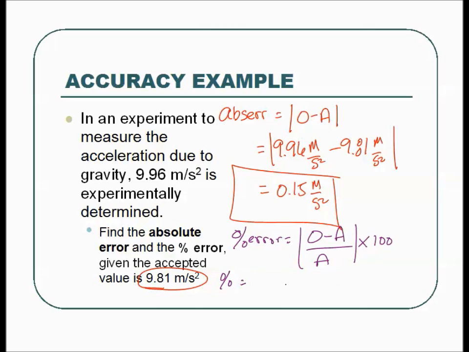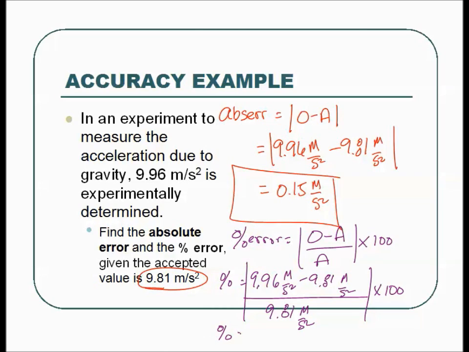And so that's equal to 9.96 meters per second squared minus 9.81 meters per second squared, divided by 9.81 meters per second squared. Take the absolute value, multiply by 100, and get a percent error of 1.5%. So that's not bad. In terms of a lab, you get a good grade on that.